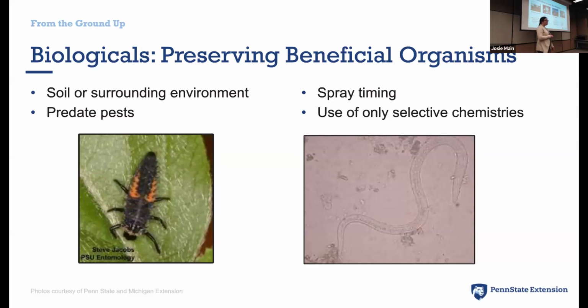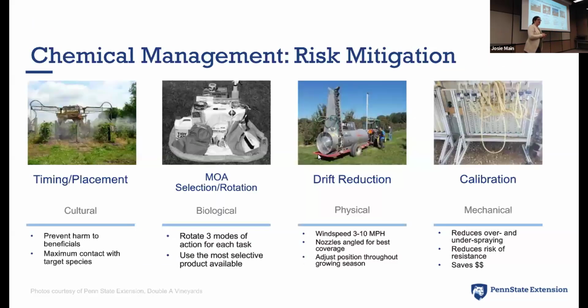I leave a slide in just because it's worth thinking about when you're talking about your chemical applications. Most of my apple growers in the area spray every 7 to 10 days from pre-bloom until about a week before harvest. There are a lot of diseases, and a lot of pests that have really got a fondness for apples.